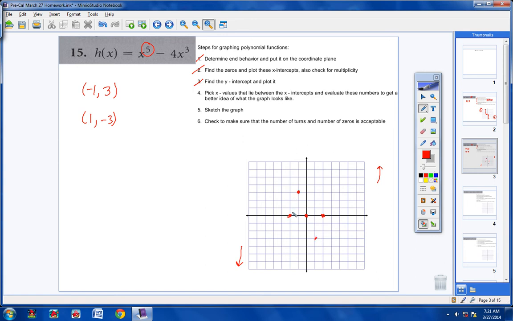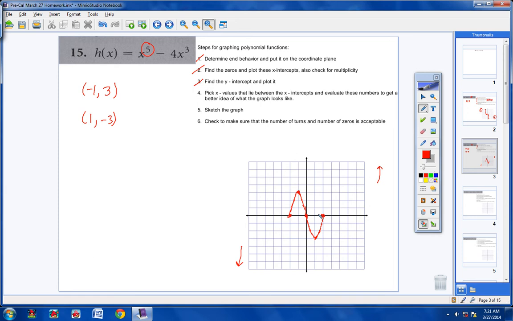Okay, so that's pretty good. So far we know the graph's going to more than likely kind of look like this, and then come down here through this x-intercept, hit here, and then come up here. Now here's where the problems become a little long, but that's why the graphing calculator does help a lot. I'm going to go ahead and look at numbers 3, 4, 5, and 6 and see what the graph's doing.